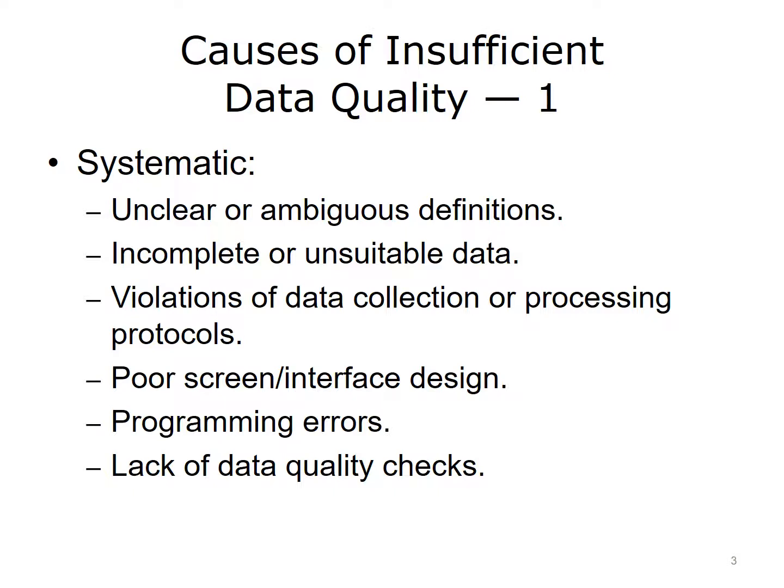Systematic causes, if not corrected, will cause repeated flaws or errors with a predictable pattern or a high degree of uncertainty. Some frequent systematic causes of insufficient data quality are unclear or ambiguous definitions, incomplete or unsuitable format, violations in the collection, processing, or analysis, poor design in the tools or forms for data entry, and a lack of quality auditing or control processes.